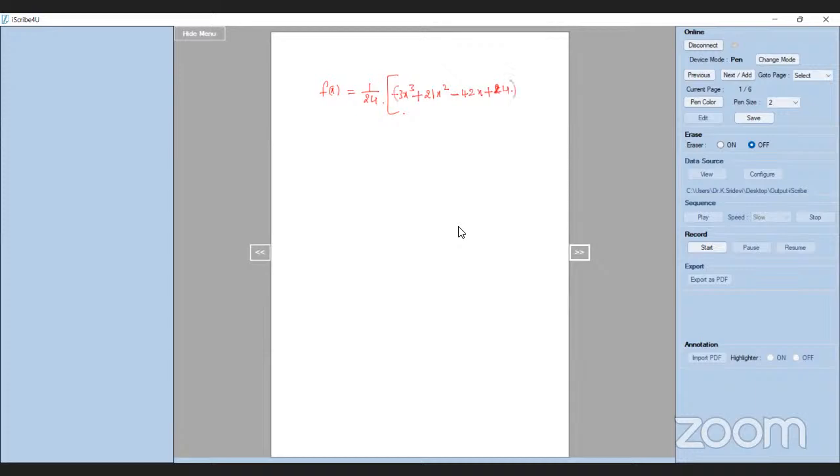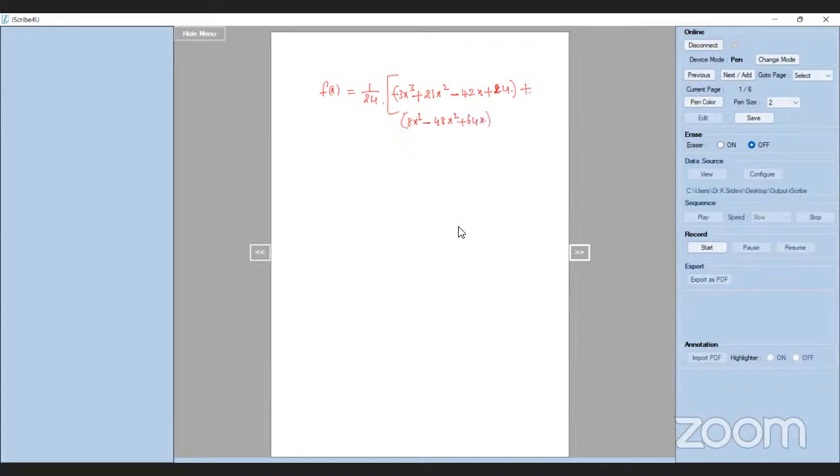So from the second term, we can have 3 8s are 24. 8x cube minus 8 6s are 48x squared, 8 into 8, 64x.